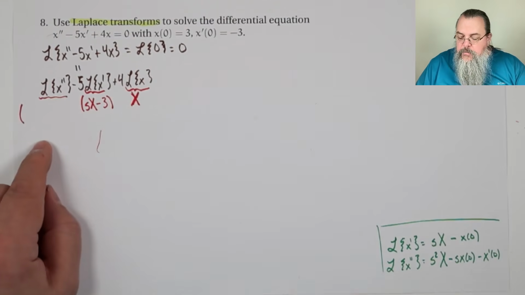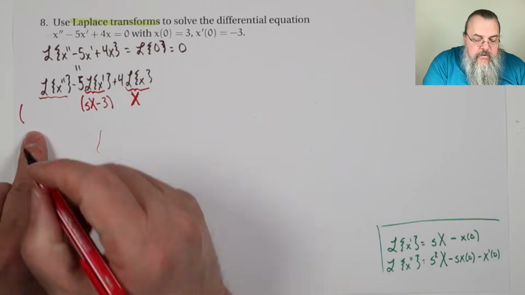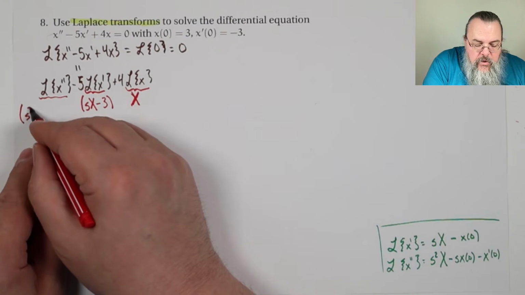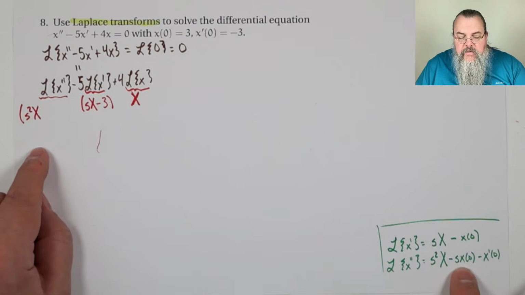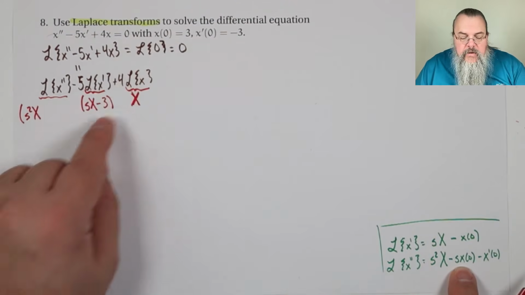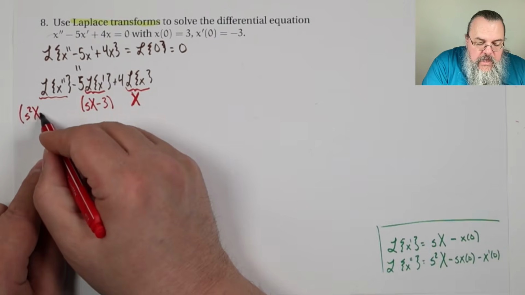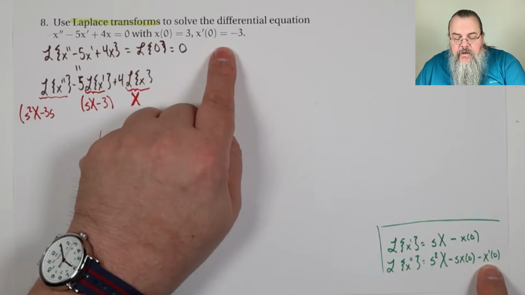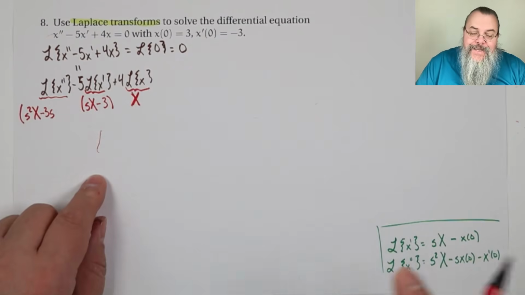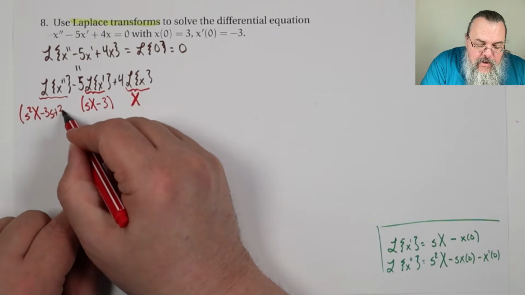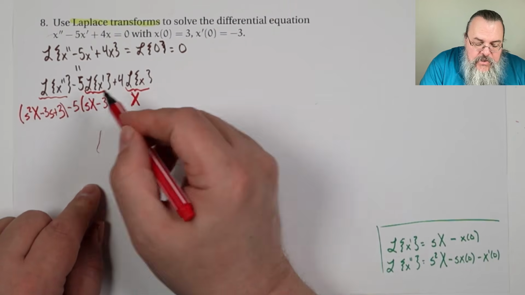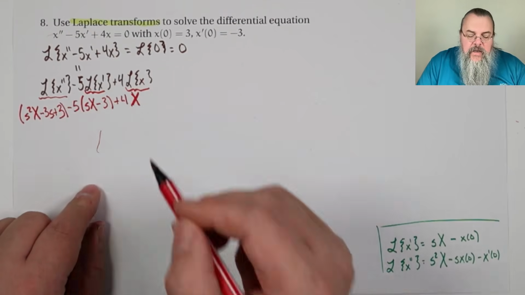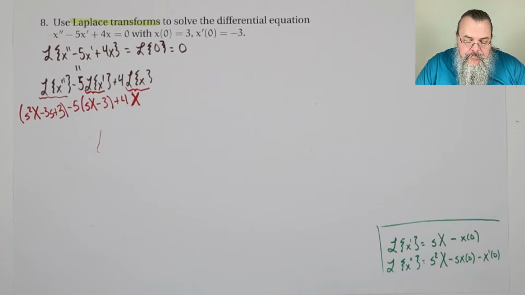Well, that will be s squared capital X, cool, minus s times x of 0, which is minus 3s, minus x prime of 0, which is 0 minus 3, so a plus 3. All right, I'll add the coefficients, and we're up to here.